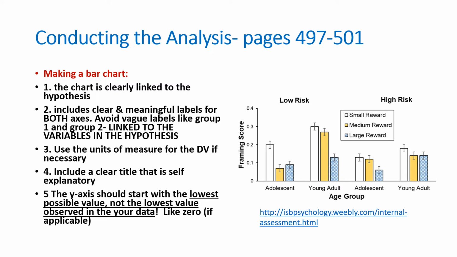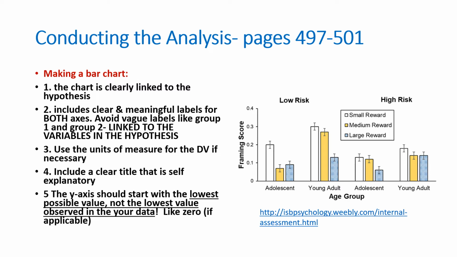Avoid labels that are vague. Make sure they're directly the ones in your hypothesis to link those two sections. Use the units of measure for the dependent variable, and be clear. And I put it in your check sheet as a note: do not make a bar graph that exaggerates and makes it look like yours has a significant difference.